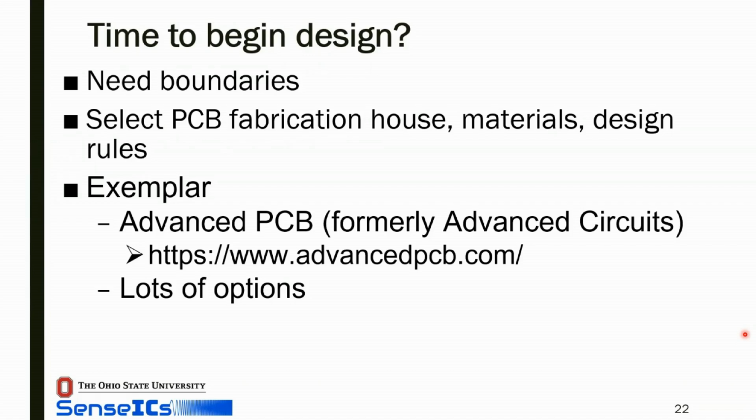They just got acquired recently, so some of the charts in here are old. They are using the old website for Advanced Circuits, but it's basically the same now that it's been acquired by Advanced PCB. I put their web address there. The reason I picked Advanced Circuits is that they have a ton of options. You can go from the most complex board to the simplest board in this one place, which is cool.